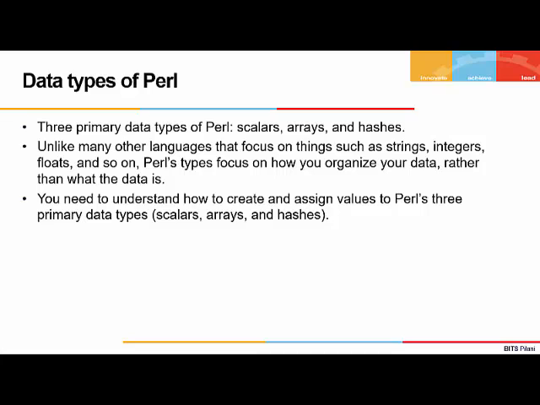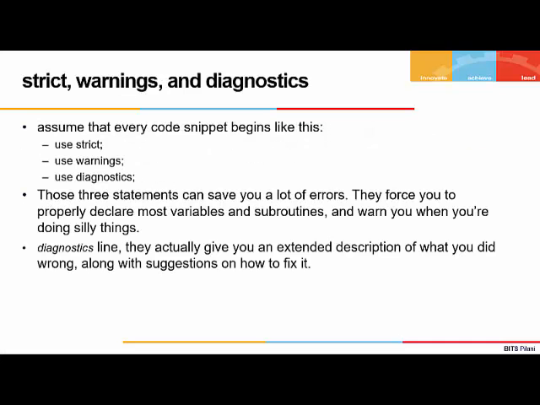The important part here is organizing data rather than looking into what the data actually is. And next, you need to understand how to create and assign values to these kinds of data types.